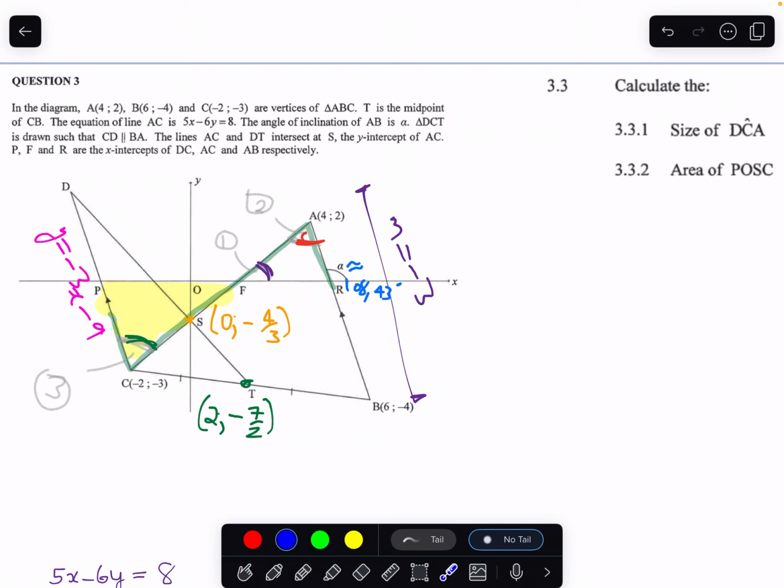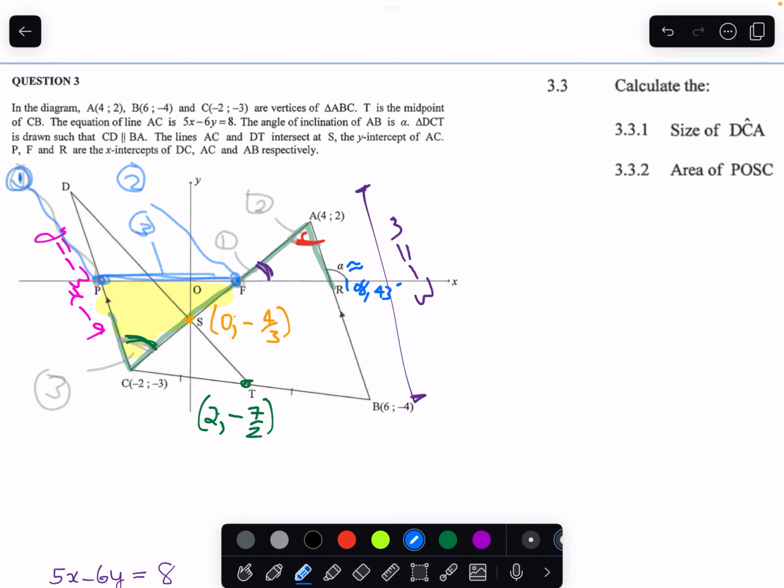So just to go over the plan again, we want to find the coordinates of P. That is step 1. And then we want to find the coordinates of F. That is step 2. So then that's going to give us this length as step 3.